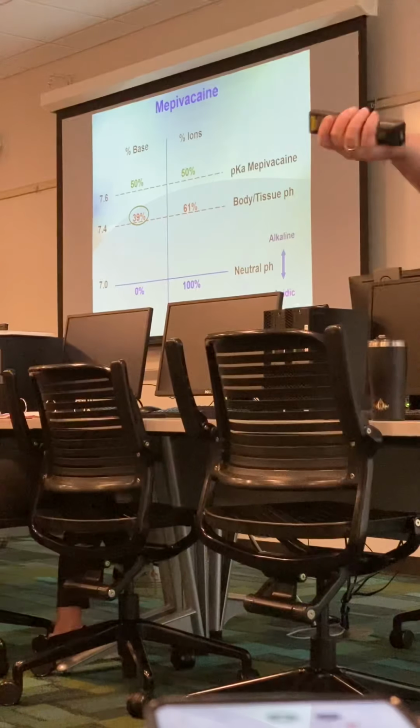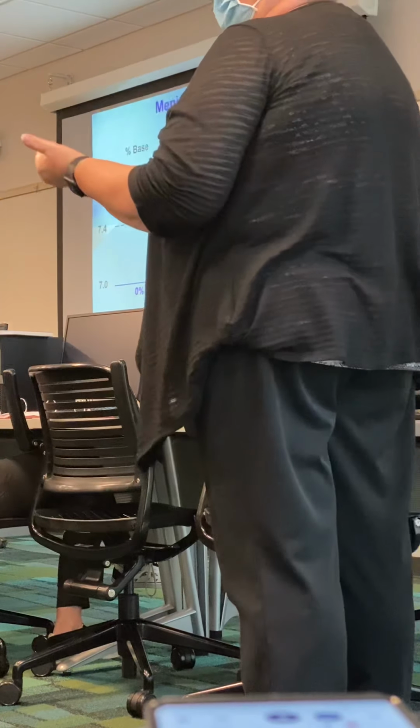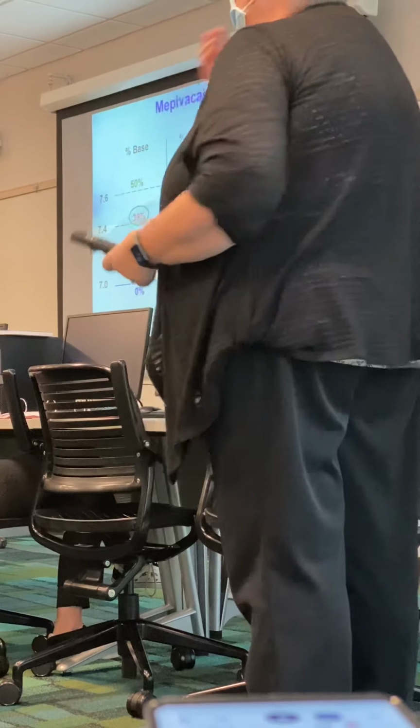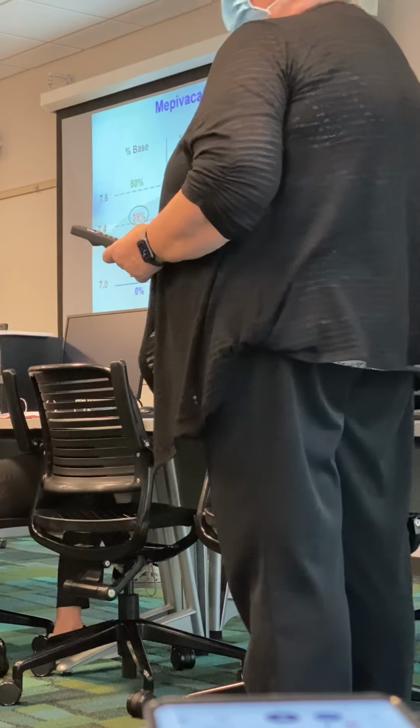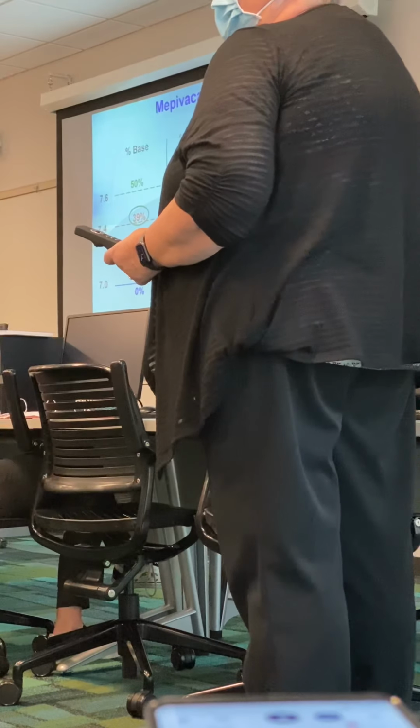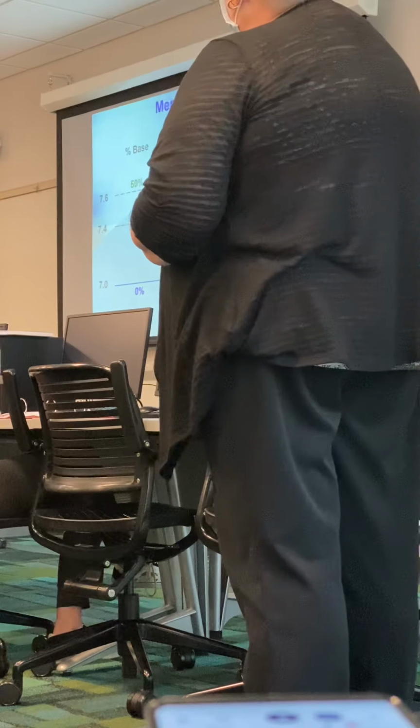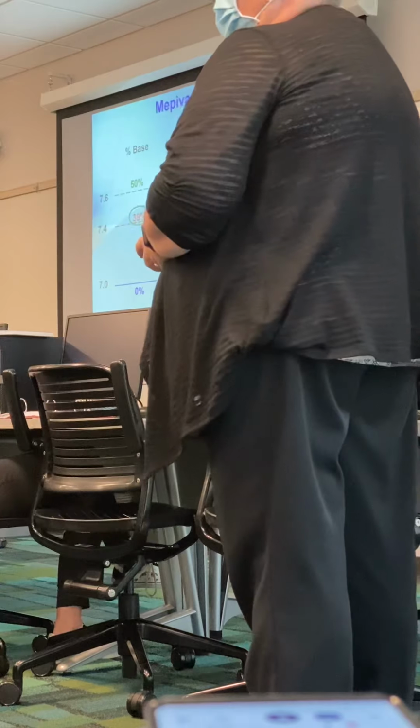Now, if you're doing a block on someone, it's a little bit easier to get someone numb with a block than it is with an infiltration. Say it's a lower anterior tooth that's infected. We're blocking back here, where the pH is still the normal pH.